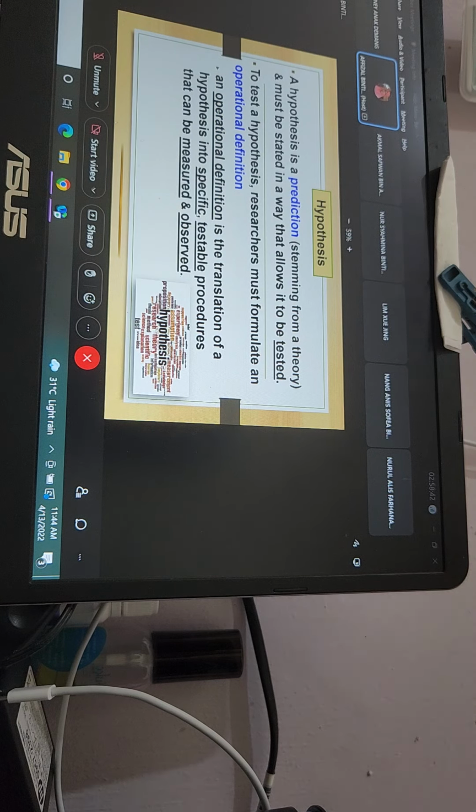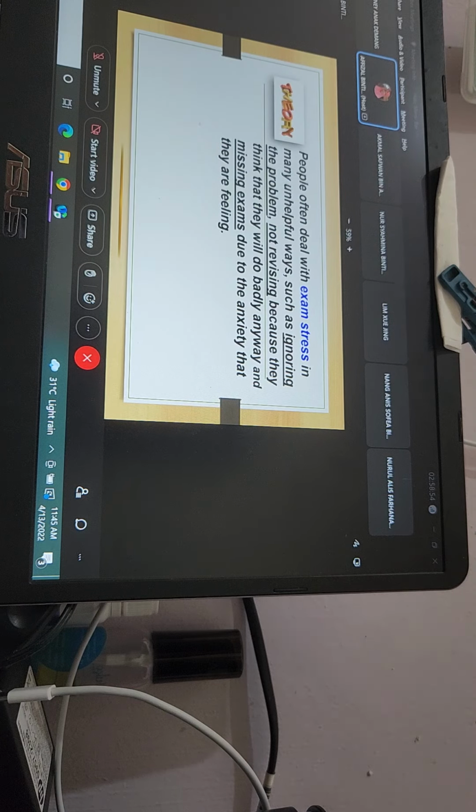Operational definition is the translation of the hypothesis into specific testable procedures that can be measured and observed. There is a measurement that can measure that behavior. Okay, this is an example of a theory, related to the behavior of exam stress.